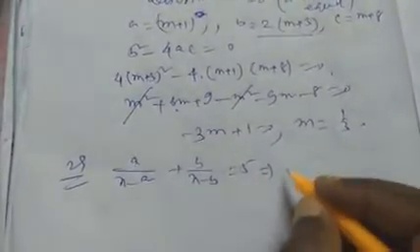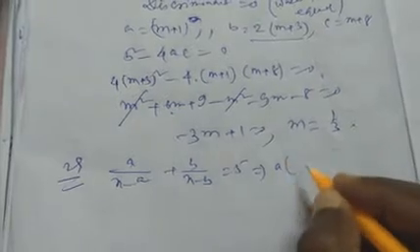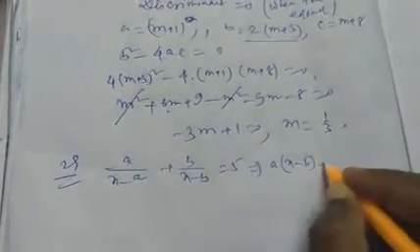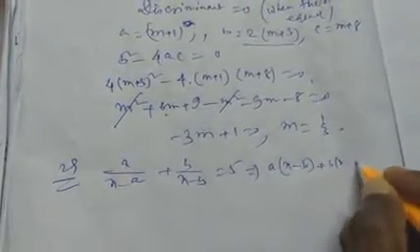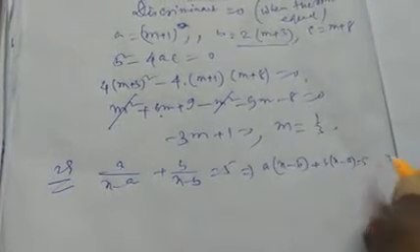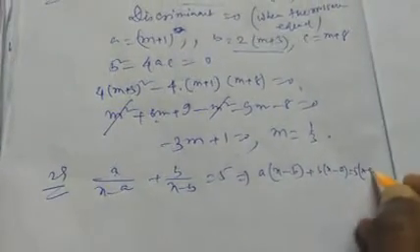So you have given the equation here: a by (x minus a) plus b by (x minus b) equal to 5. Okay, so first of all you should always arrange it into quadratic pattern. This is not a quadratic pattern, so like that, b into (x minus a) and 5 into (x minus a)(x minus b).